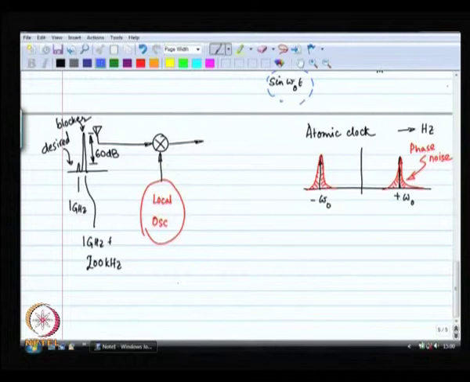So, it is easy to understand that 200 kilohertz away from the desired signal, from the desired LO, let us say this is my LO, 200 kilohertz away if I have got something, then that something is going to modulate with my blocker.